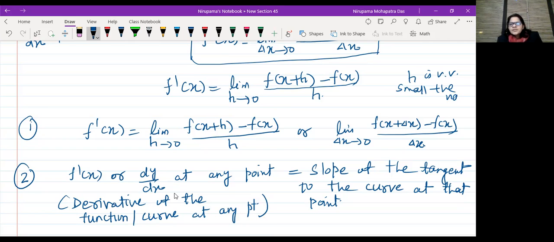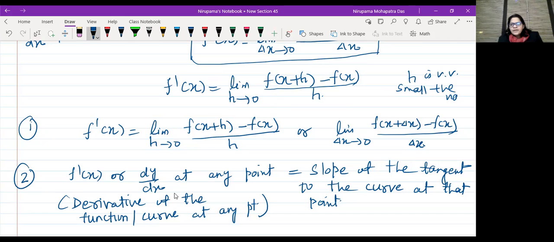This is basically the geometrical meaning. So we had planned to study two things. One is finding the derivative from definition, from first principle. The second thing is the geometrical meaning of the derivative.